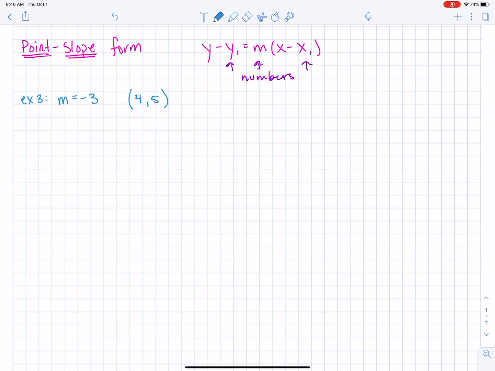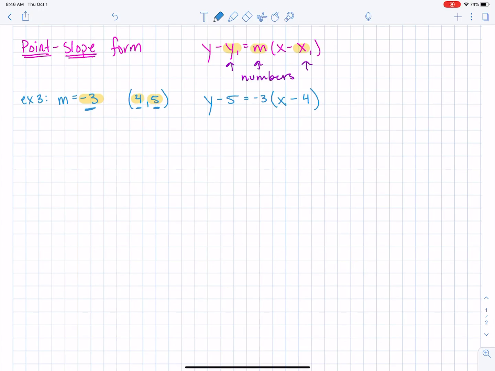All we need to do now is take these pieces of information, -3, 4, and 5, and plug them in the appropriate places. So we have y minus 5, because that's our y coordinate, is equal to your slope, -3, times x minus your x coordinate, 4.